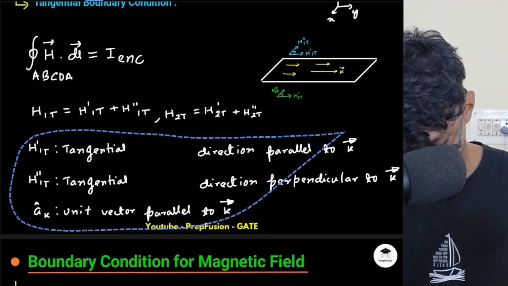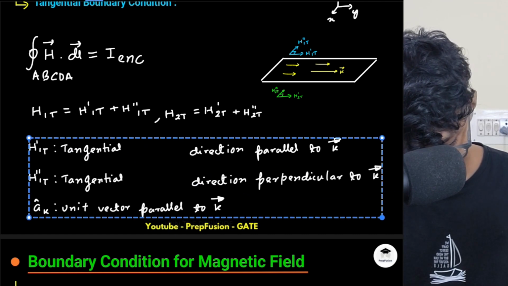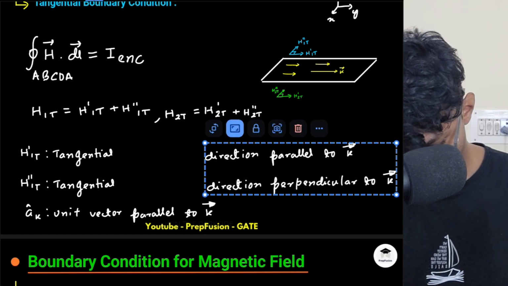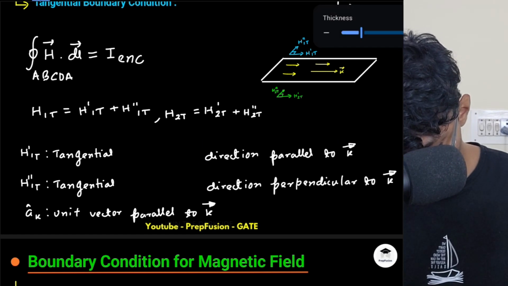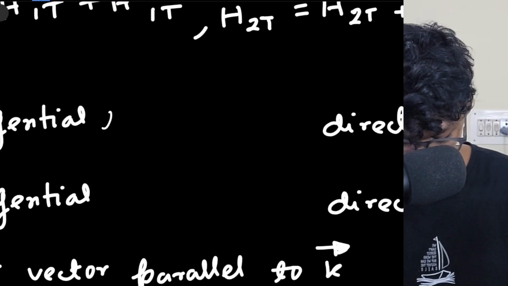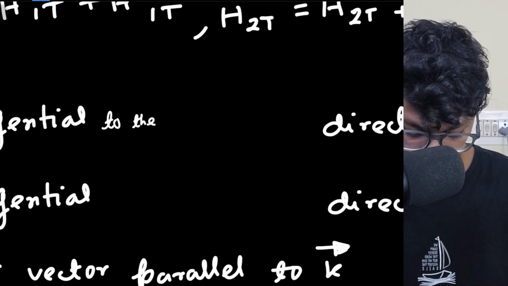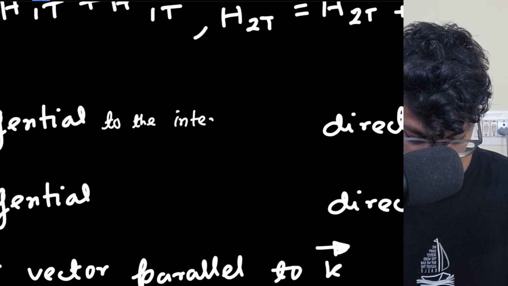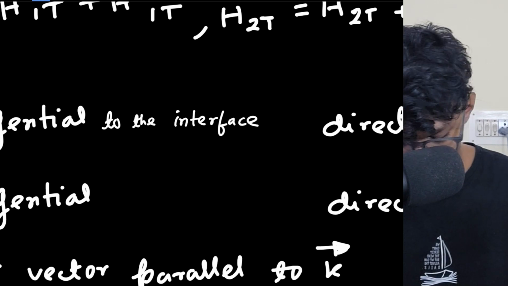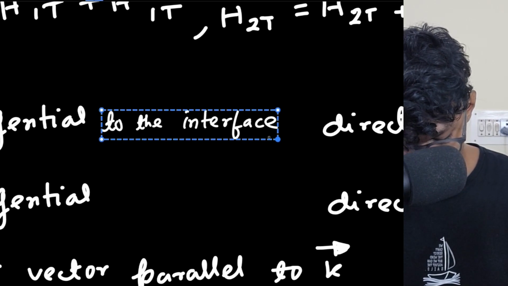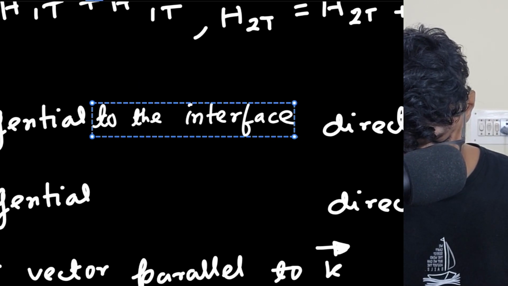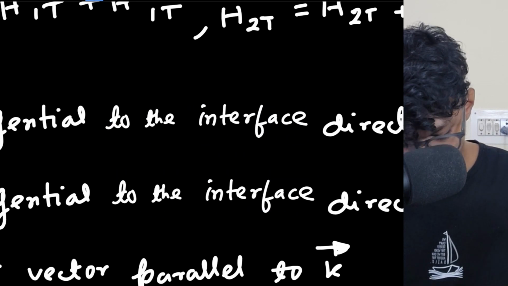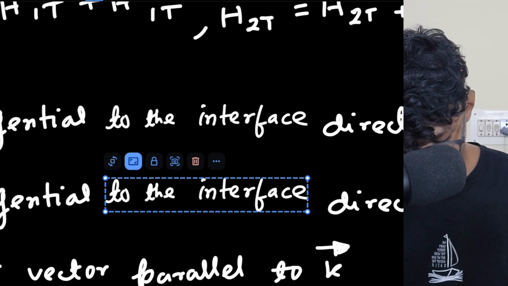So I will have to reduce the size. Tangential to the interface. Okay, same thing here as well. Tangential to the interface.